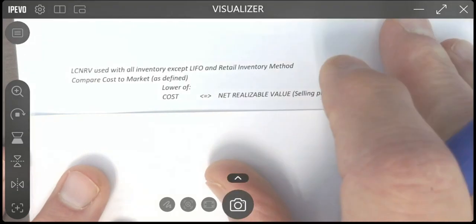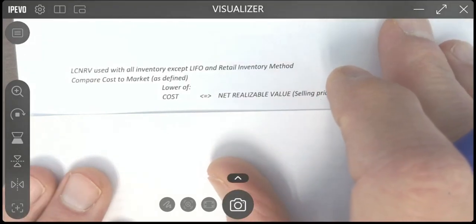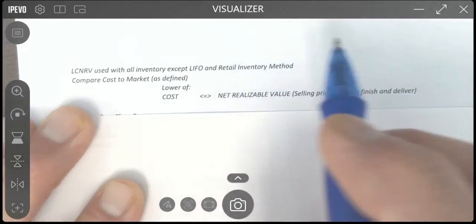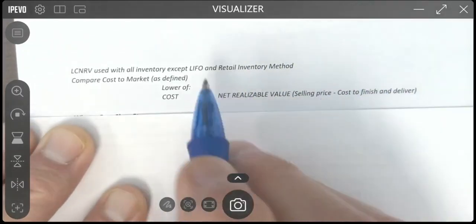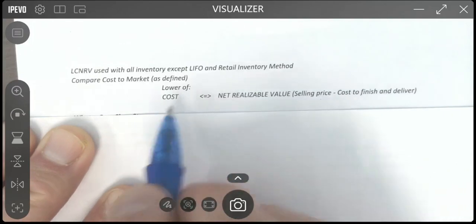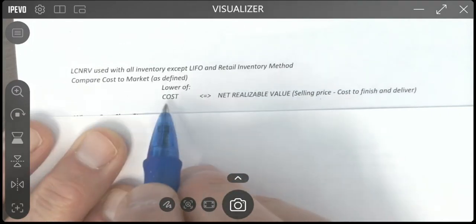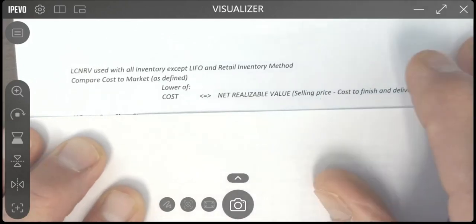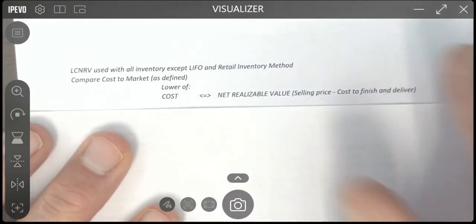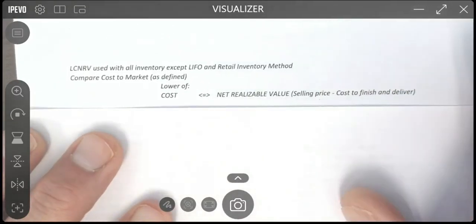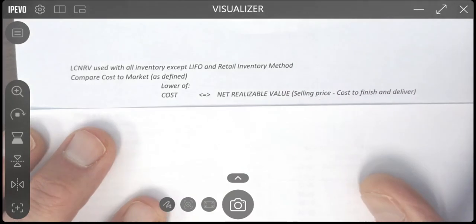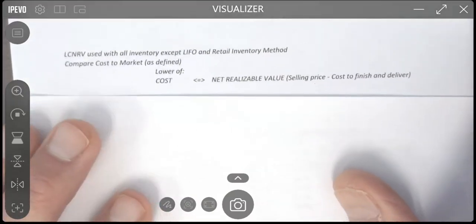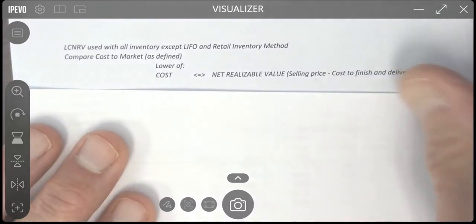Thus, since this company is applying FIFO, it'll be the lower of cost or net realizable value. And again, net realizable value is the selling price minus the cost to finish and deliver. See the general notes in the previous video for details there.